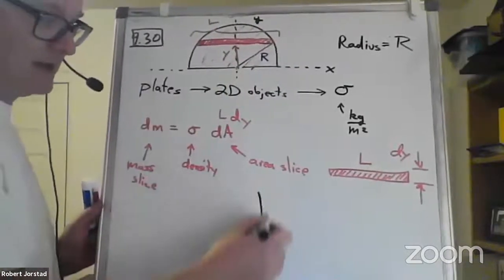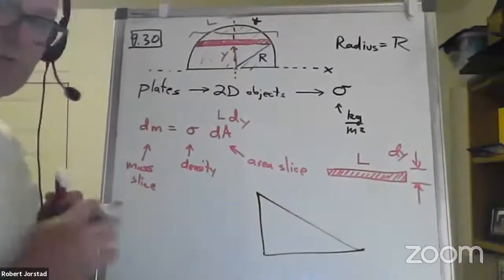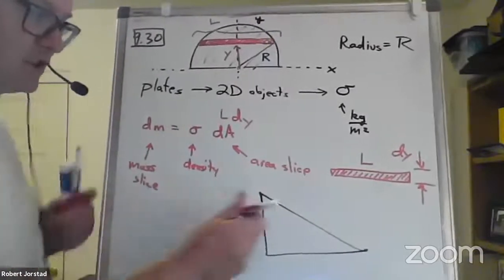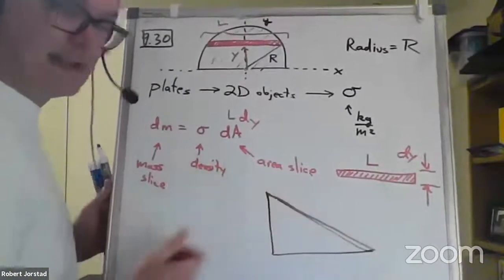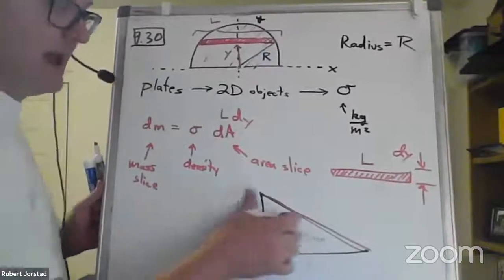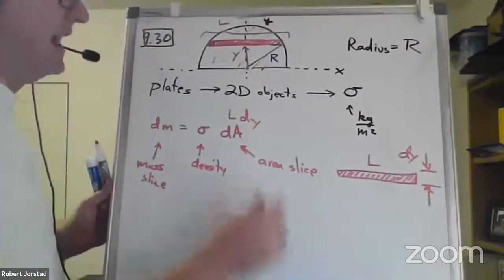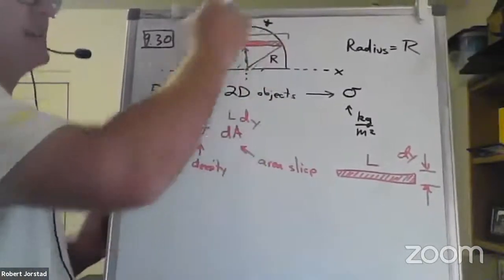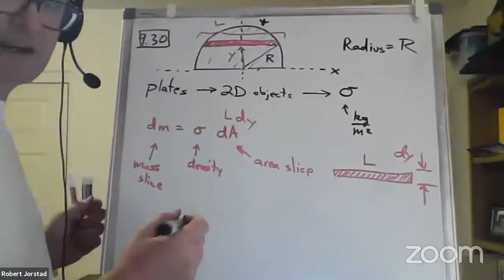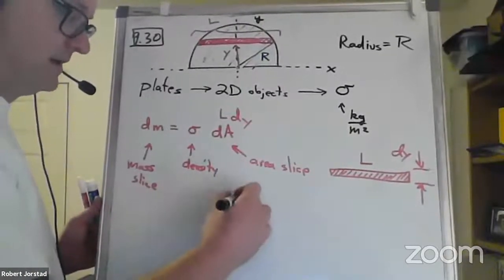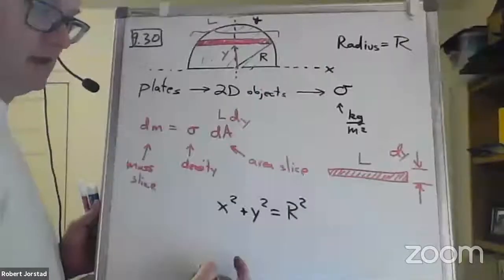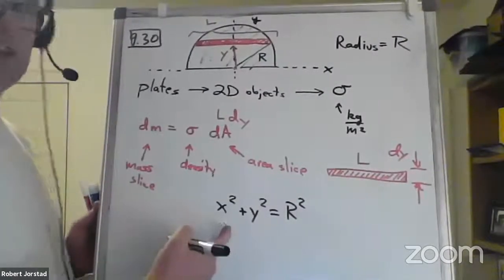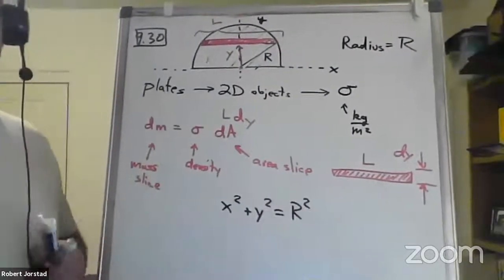Remember last time we had a triangle like this, and what we had to do is get a function for one piece of that side. Well, now we've got a circle. I need an equation that represents that shape. Circumference. Okay, Jacob's on the right track. x squared plus y squared, that's not an equation. Equals r squared. Yes. So how does L relate to x?